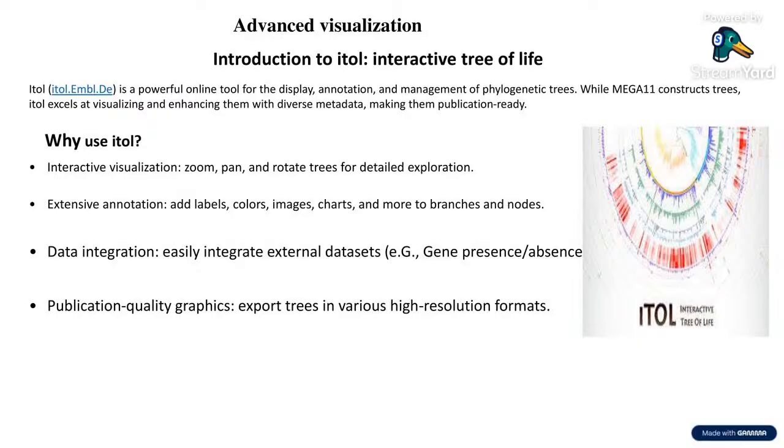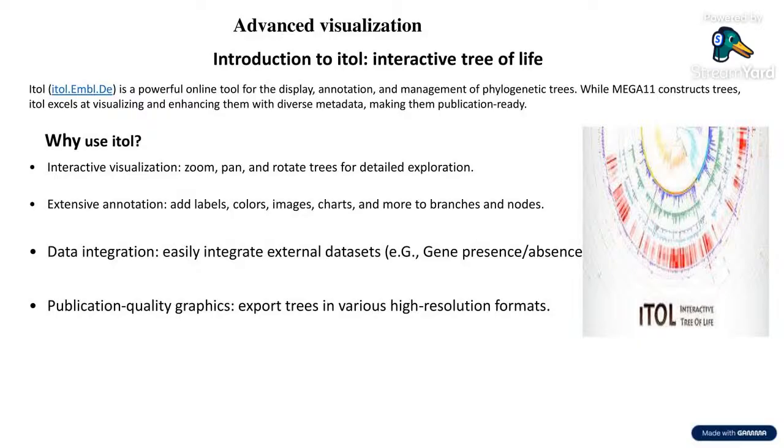In iTOL we can zoom in or zoom out, rotate and rearrange the tree in circular, rectangular and unrooted layouts. It is also helpful for annotation: add custom labels, colored branches, symbols or charts to highlight metadata such as expression level, host species or resistance gene.